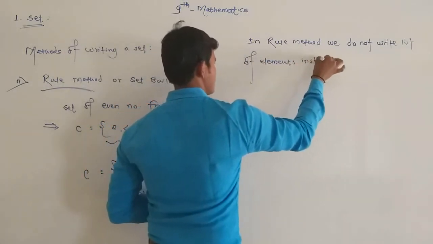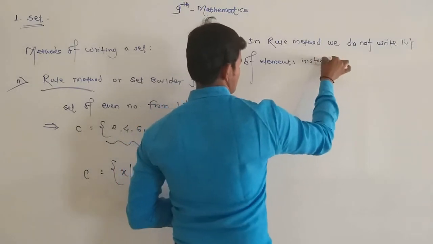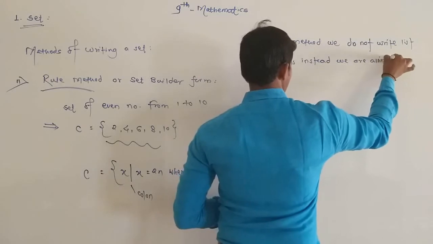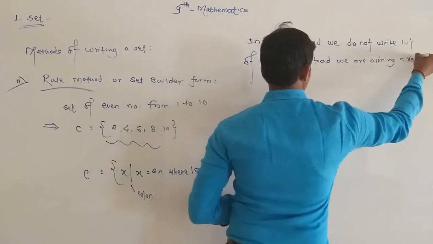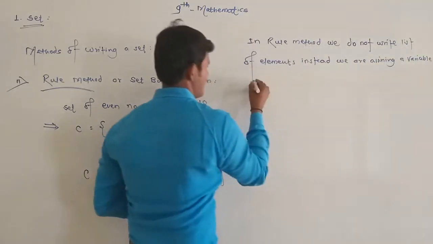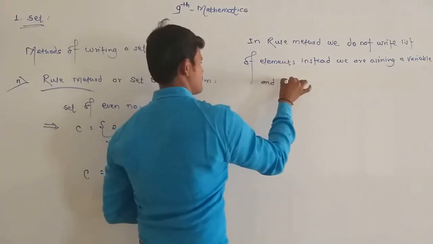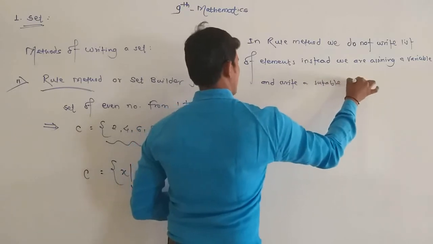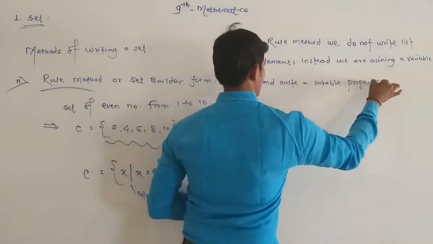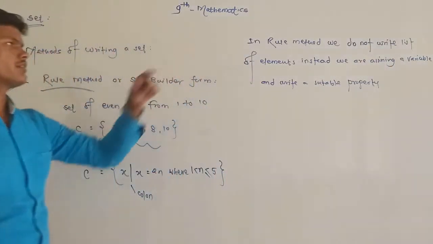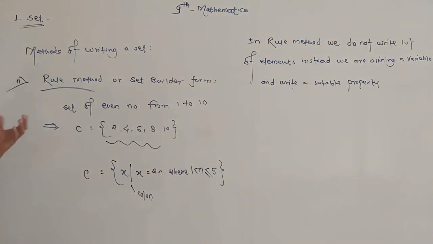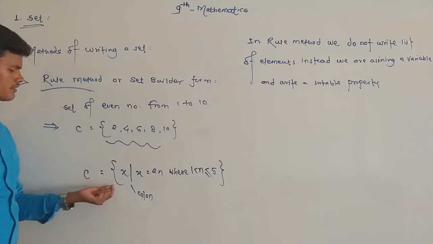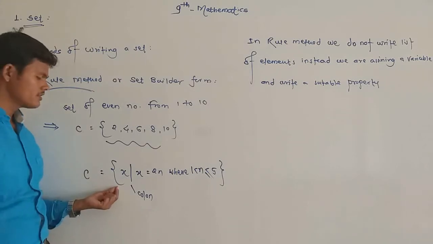Instead we are assigning a variable and writing a suitable property. For this example we are going to write a suitable property. This is our rule method. So here the first step is to write the name of the set by using capital letters, written in curly brackets.